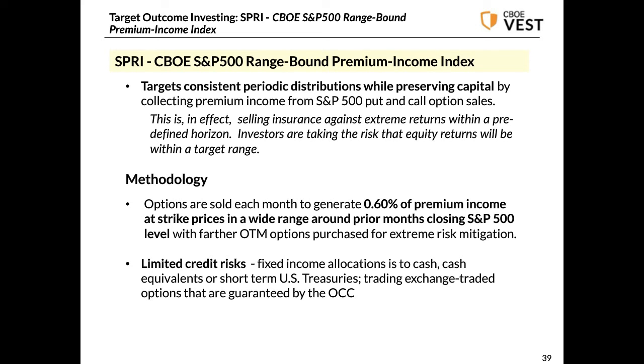And the funds are invested in cash, so you're getting, in effect, a cash equivalent return with very limited credit risk in a strategy like this, because you're basically investing in short-term treasuries. And then in addition, you're getting the premium income from selling calls and puts for an out-of-the-money range.